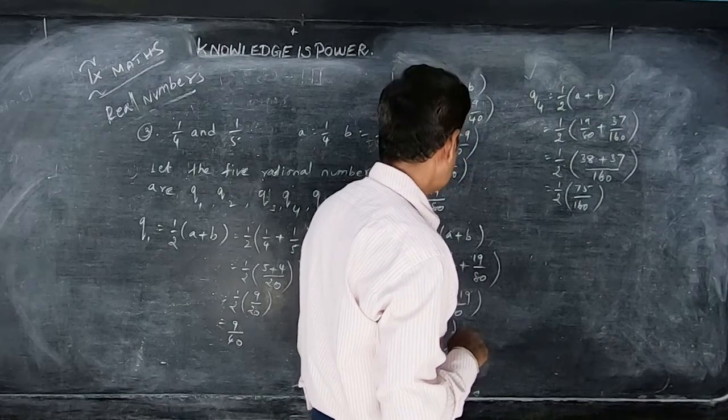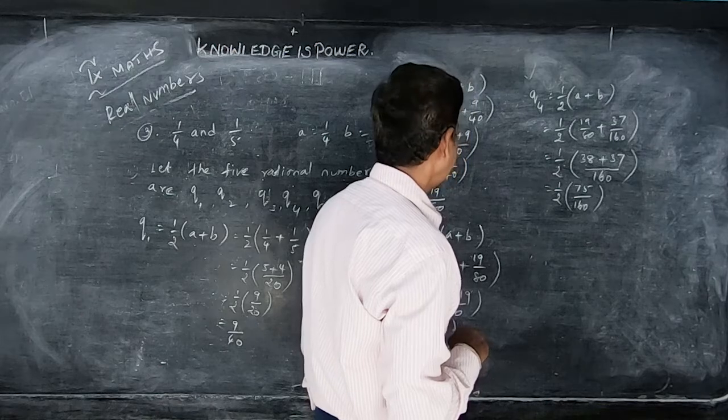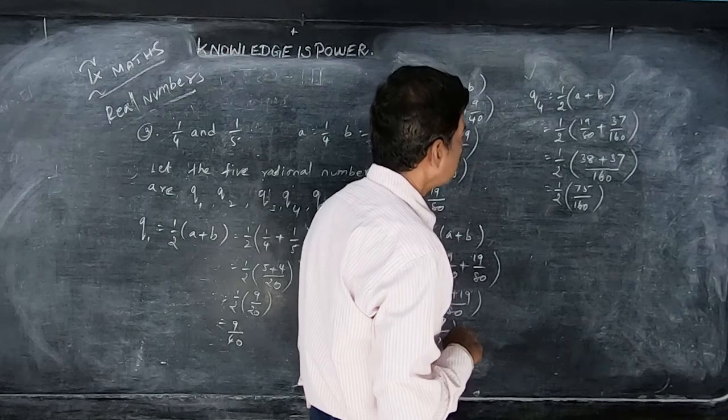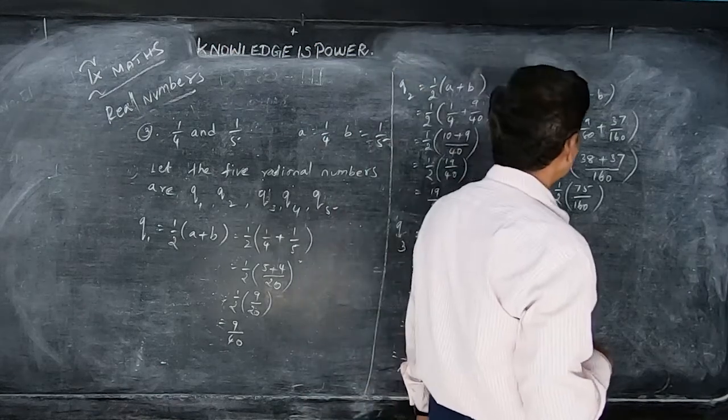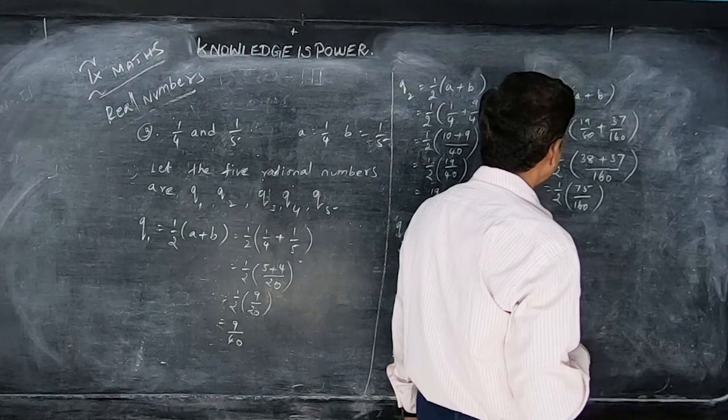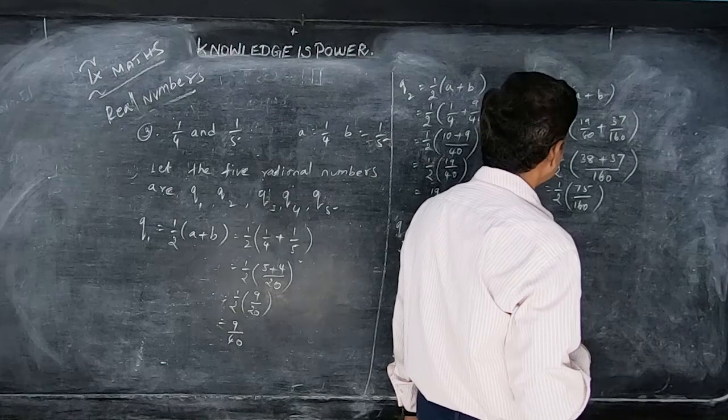Thirty-nine plus 19. 19 2s are 38, 19 into 2 is 38, then 60, 37.